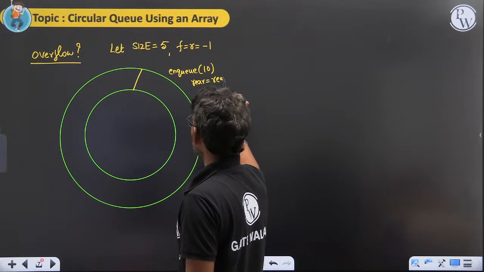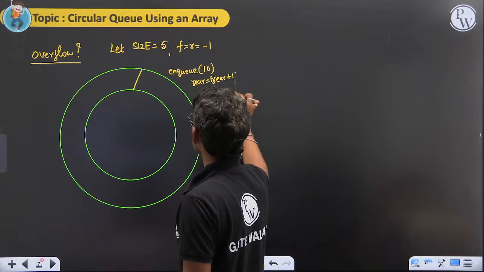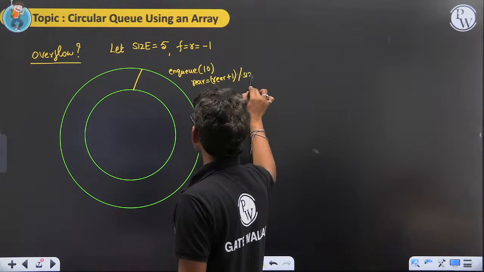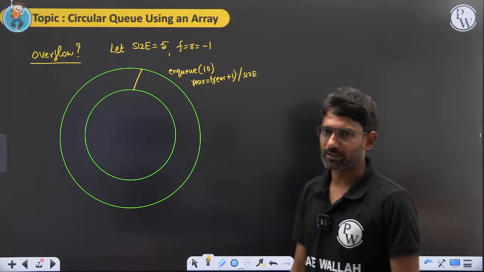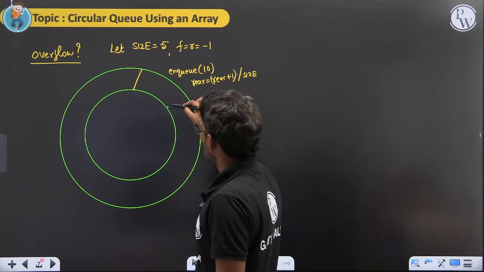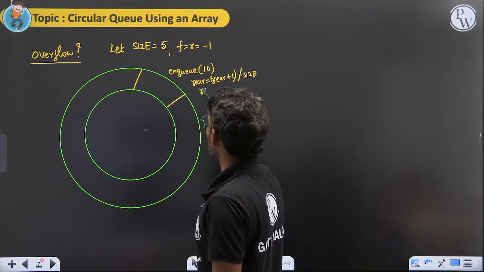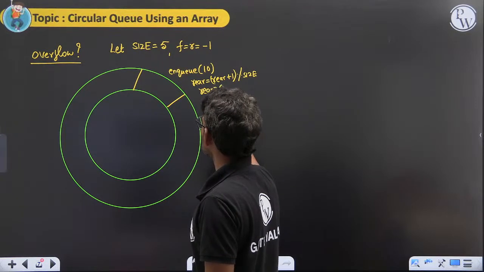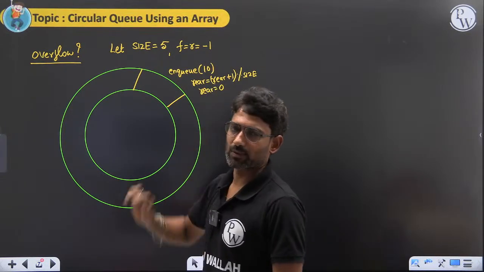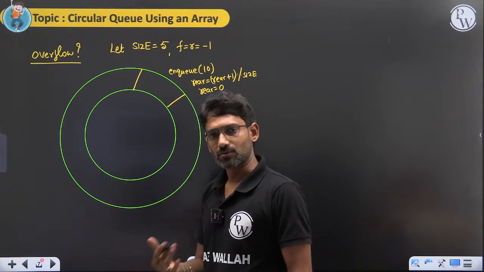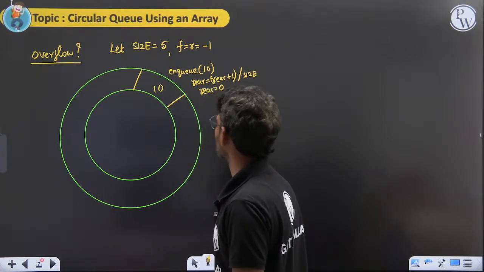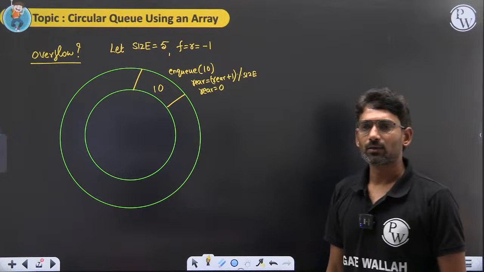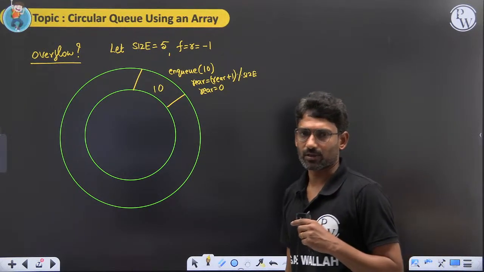With modulo. It is not just a simple increment; you do a modulo increment. So rear becomes 0, because -1 plus 1 is 0, 0 mod 5 is 0, and then we do the insertion.